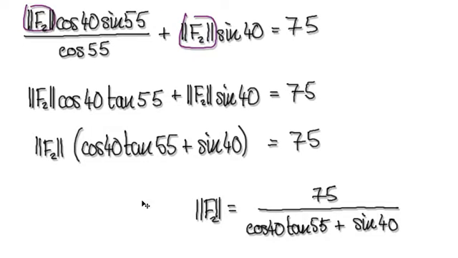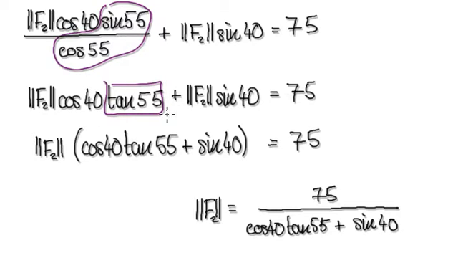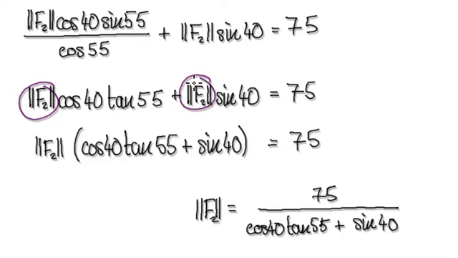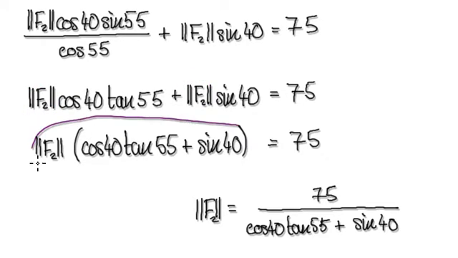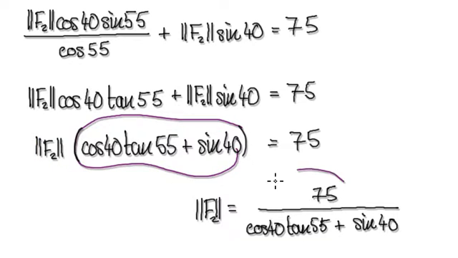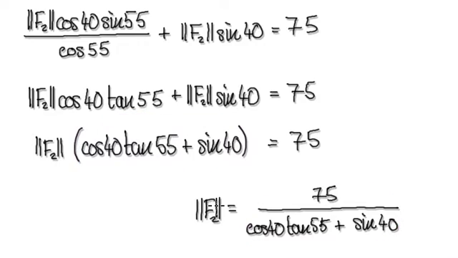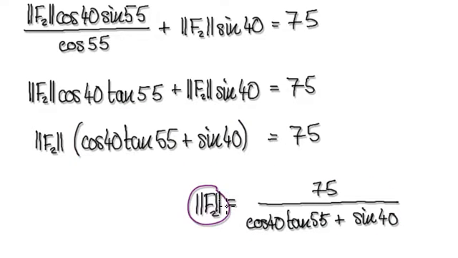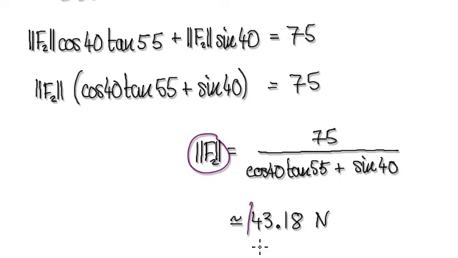Let's merge these two together to give us this block here. Now factorize out the f2. That will give you this. Now divide both sides by this bubble here. That will give us this, and so the magnitude of f2 is approximately this.